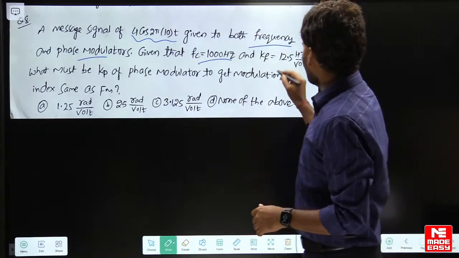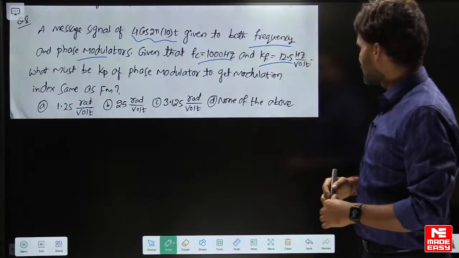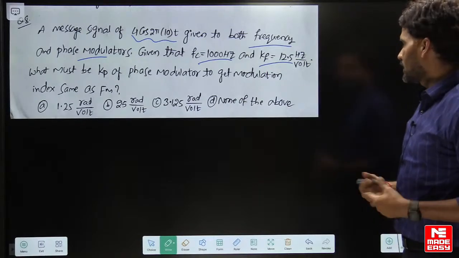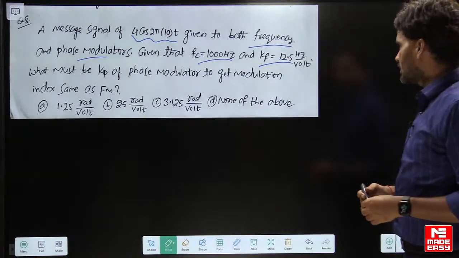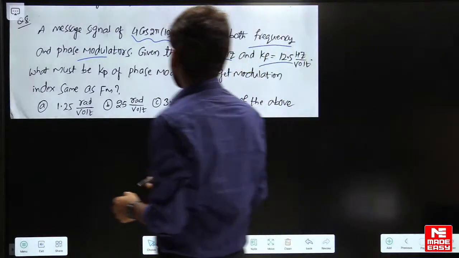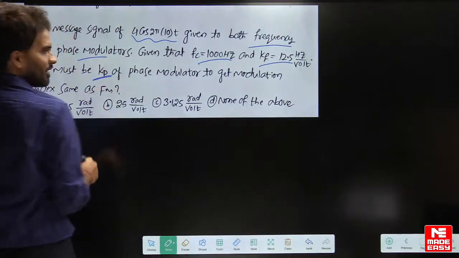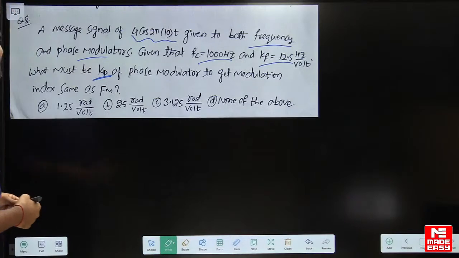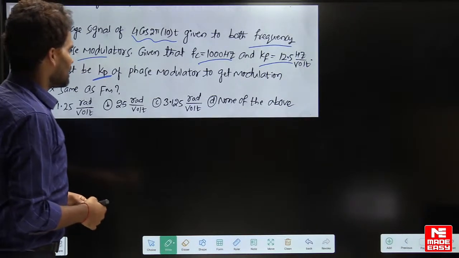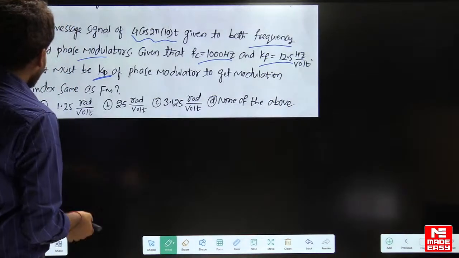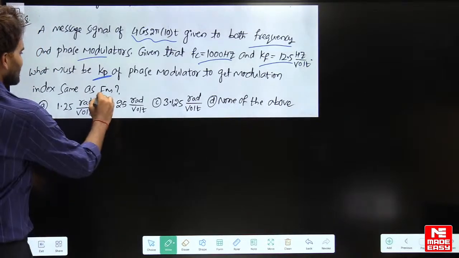Okay, and KF is given as 12.5 Hertz per volt. The frequency sensitivity of the FM modulator KF is given. What must be KP? KP means the phase sensitivity of the phase modulator. So what must be KP of the phase modulator to get a modulation index the same as FM?